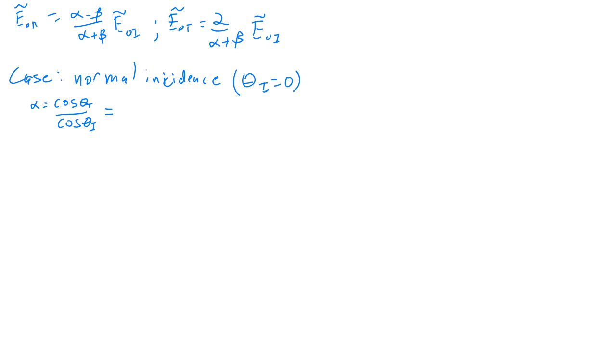Doesn't matter what n is, n1 and n2 are non-zero, and if the angle is 0, sine of 0 is 0, so then the other angle also has to be 0, according to the law of refraction. So then cosine of 0 becomes 1, so we get 1 over 1. So then we can write, here, we'll write it down below. My reflected amplitude is 1 minus, because alpha is 1, 1 minus beta over 1 plus beta times my incident amplitude.